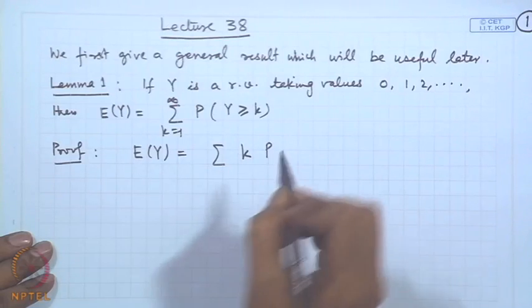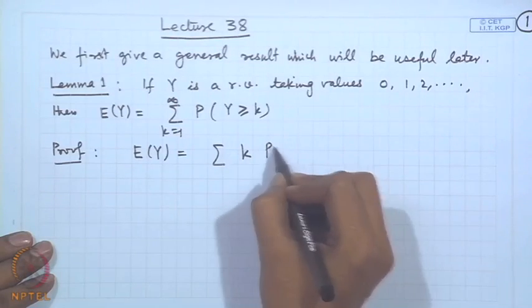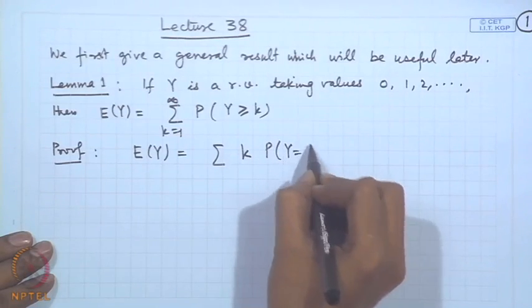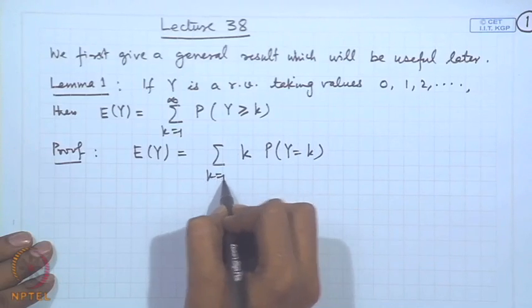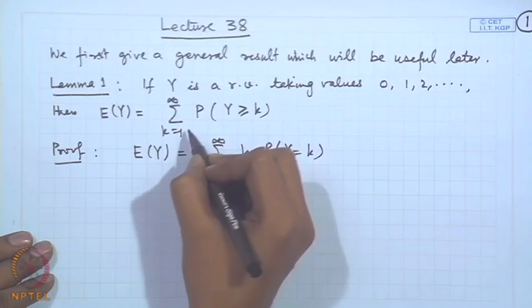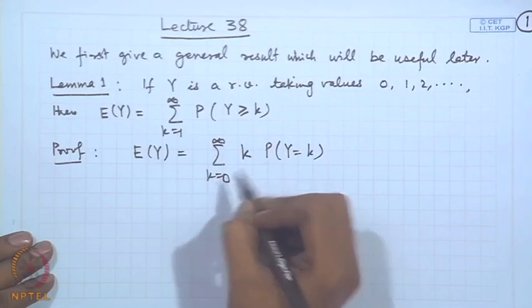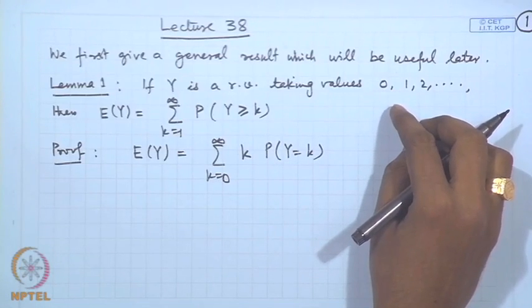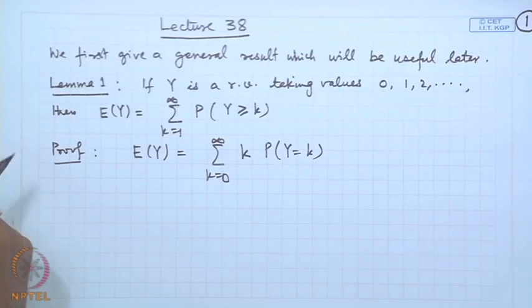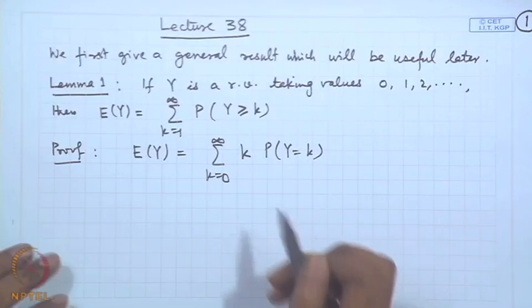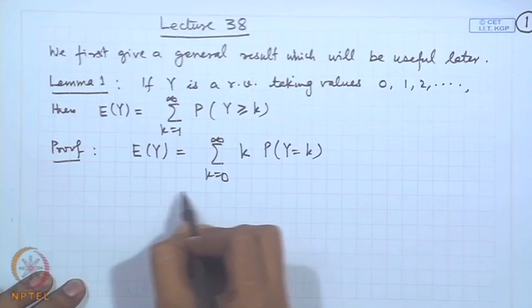So, expectation of Y is sigma k into probability Y is equal to k, k equal to 0 to infinity, because the 0 value is also allowed here. However, this will not play a role.